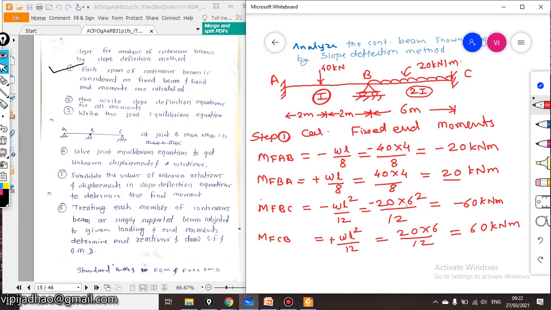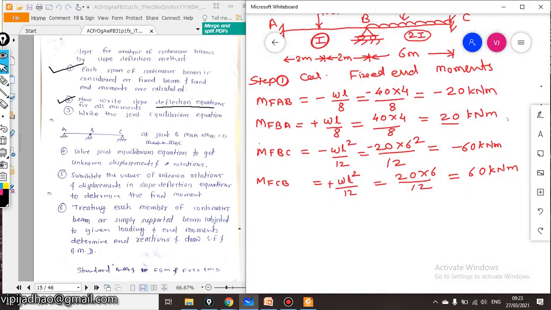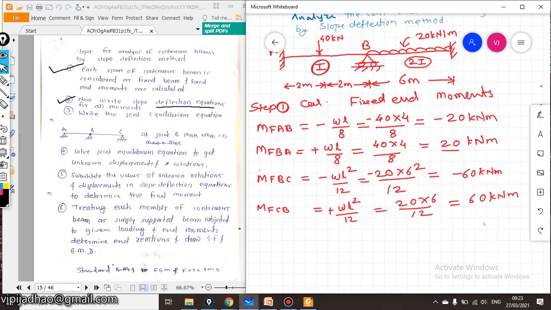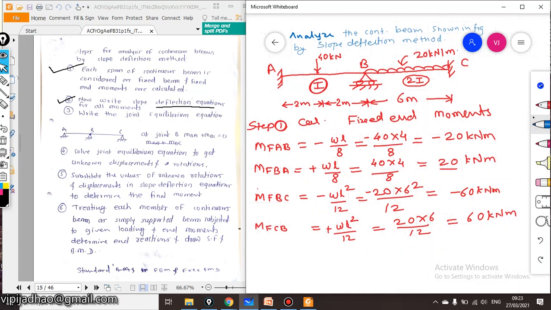Okay, now step number 2, you have to write down the slope deflection equations. I'll draw this particular beam here.